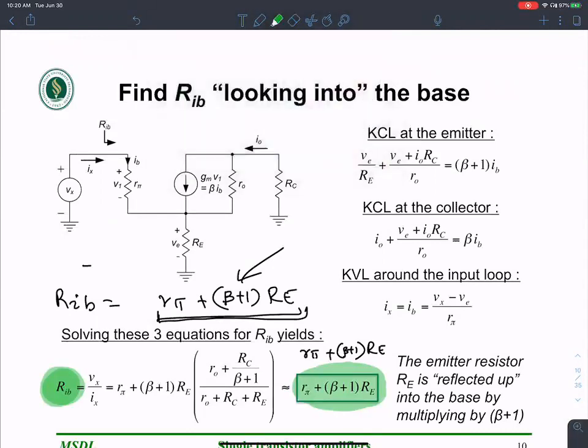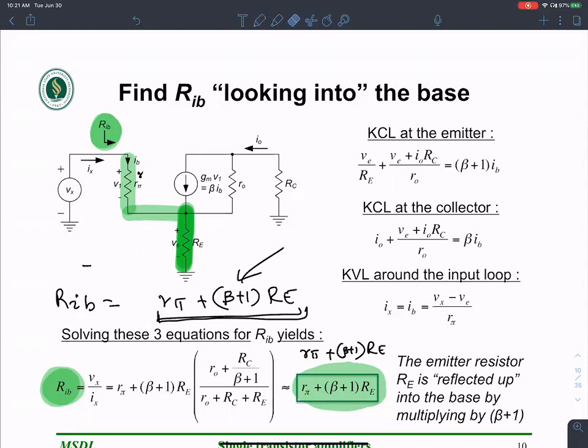The intuitive idea behind RIB: when you're looking into the base, you will find R pi, and you will also see that the resistance in the emitter is reflected back into the base. It's almost as if you're looking into the base, you're looking at R pi plus a big value times RE.